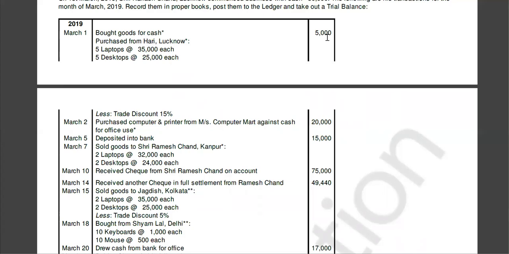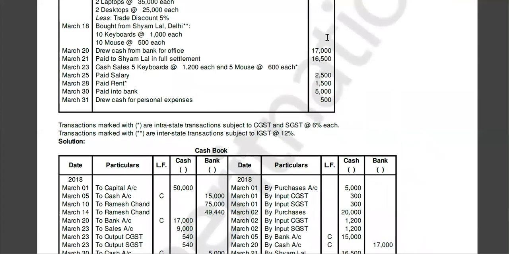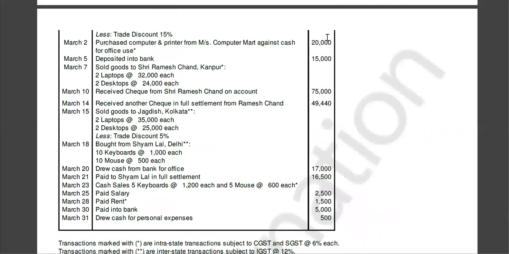Now cash plays the credit role. You place your hand in the credit column and write purchase. See, office use.